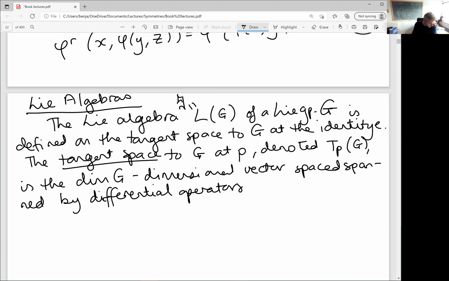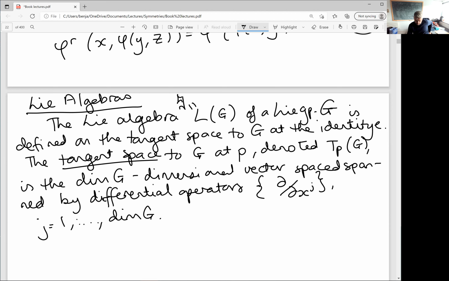These differential operators are the set of partial derivatives with respect to the coordinates, d by dx_j, and j of course goes from 1 up to dim G.